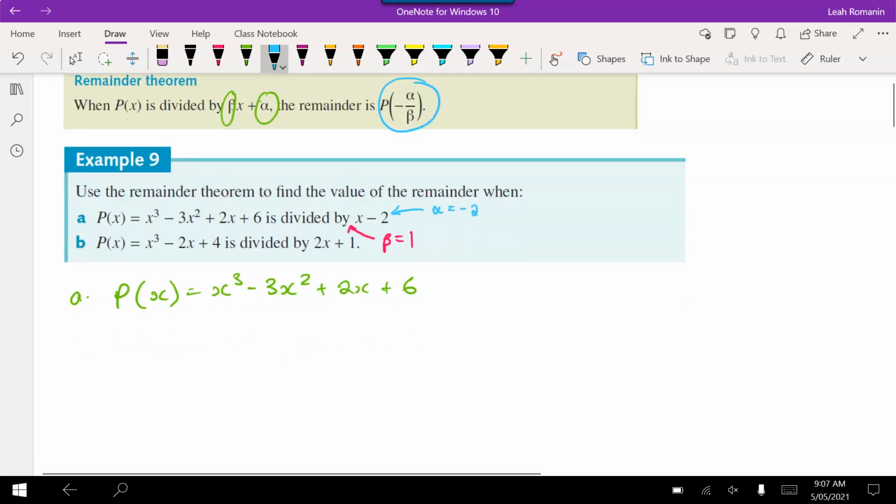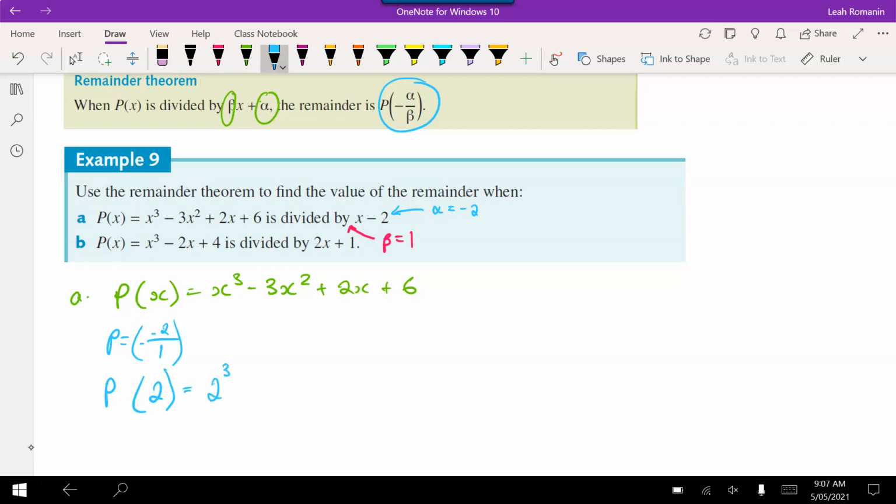So my p of negative negative 2 over 1, because my alpha is negative 2, my beta is 1. So I'm going to get p of 2 because the negatives are going to cancel out, so I'm going to get a positive, and 2 over 1 is just 2. It's a whole number. So I'm going to substitute p of 2 into my equation.